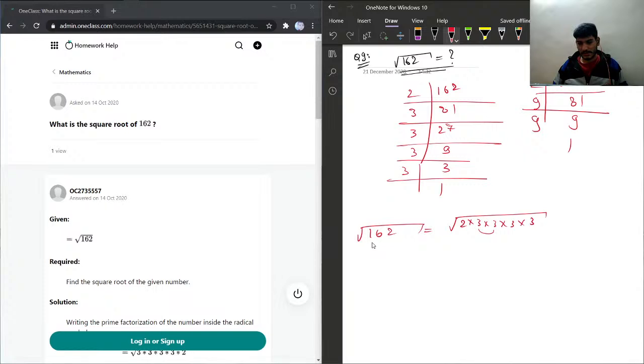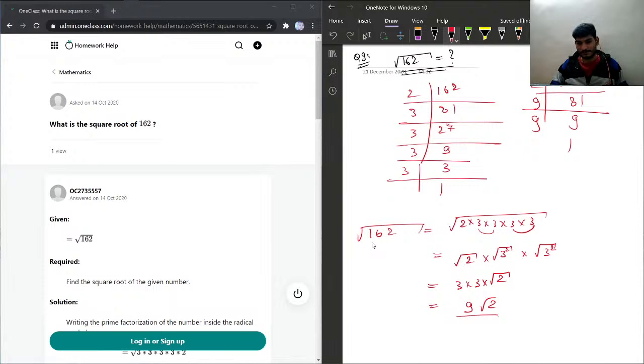So I'll club these and write the square. As this is 3 square and this is square root, this term will just come out from the square root. So this will become 3 into 3 into square root of 2, and this will be 9 square root of 2.